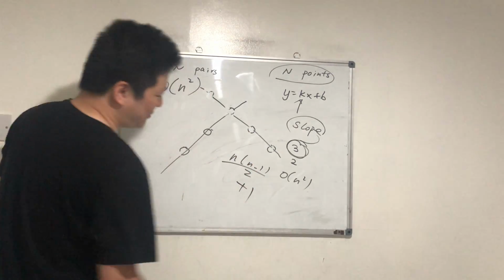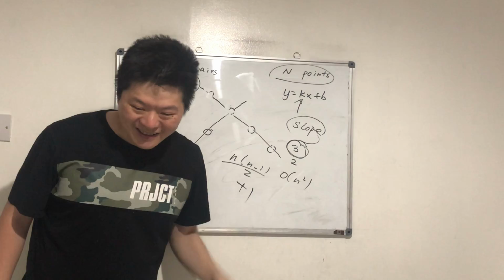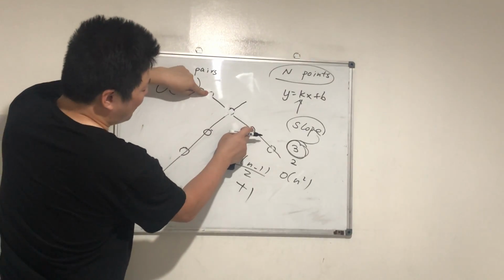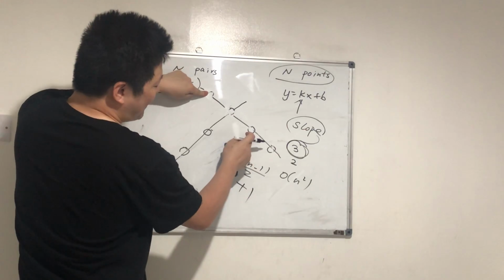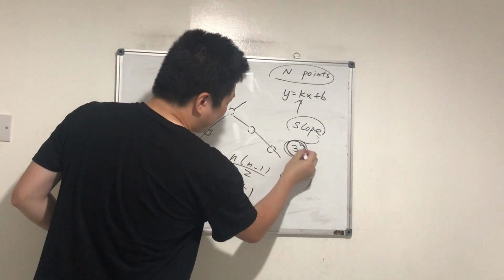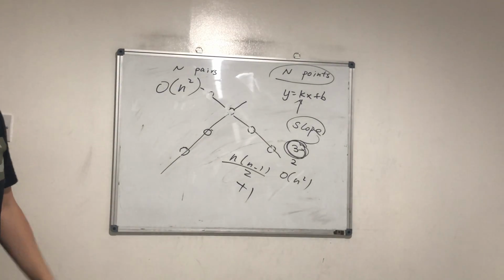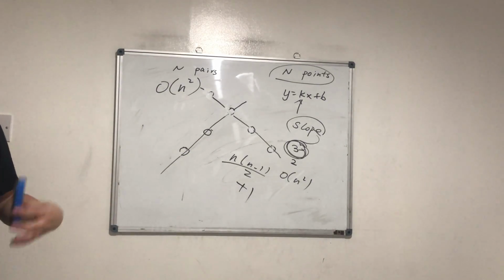Always +1, okay? Because each pair has the same slope, the counter is the number of times of the slope, and then we +1, which is the number of points.